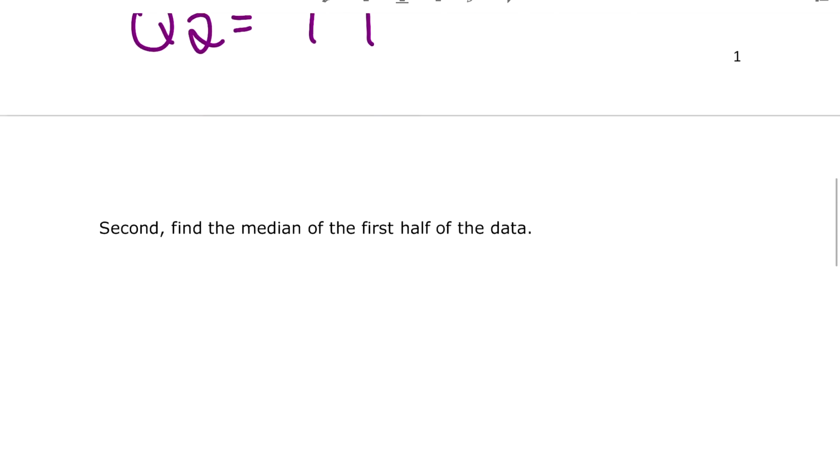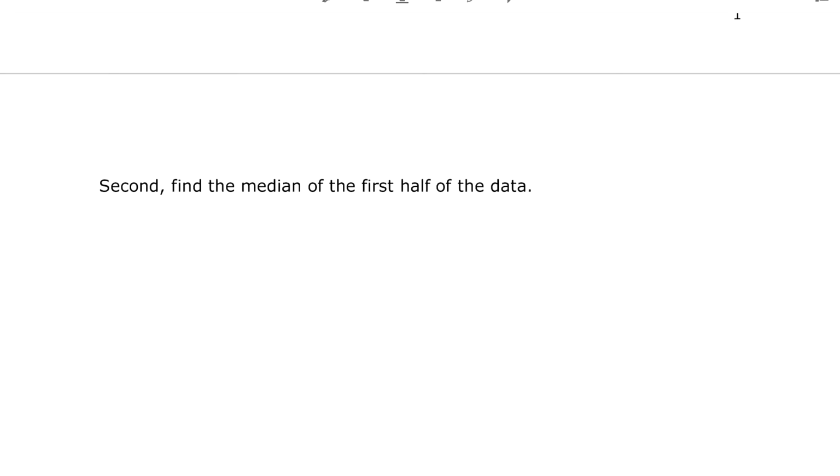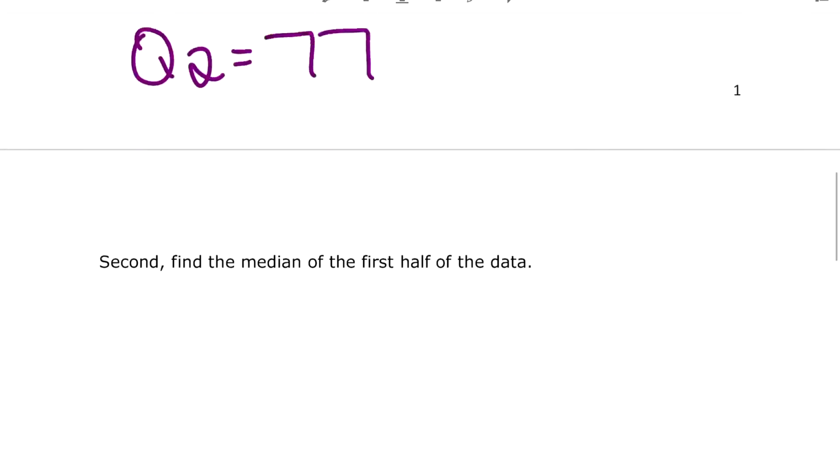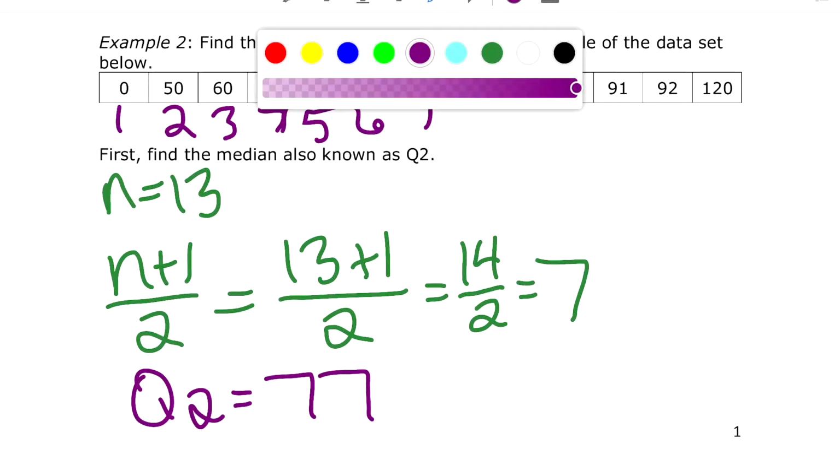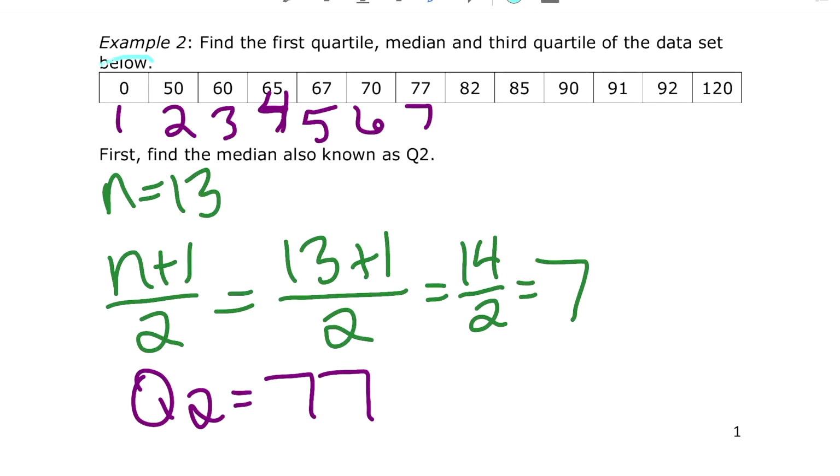Now what I'm going to do is look at everything that was less than Q2. To find Q1, I'm going to look at these numbers here: 0, 50, 60, 65, 67, and 70. I'm not going to include the median. I'm going to look at everything less than the median.